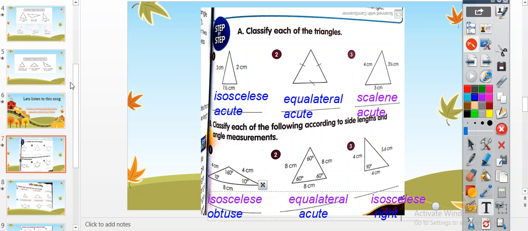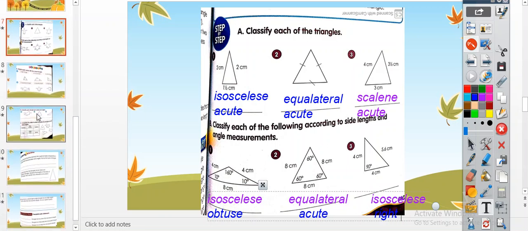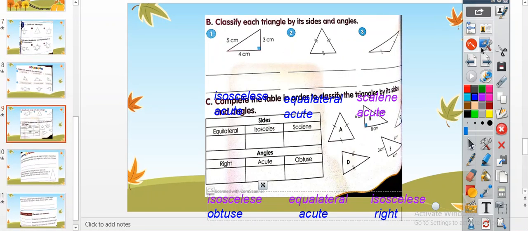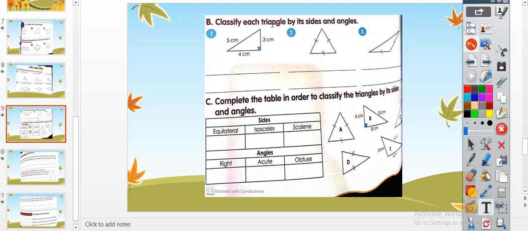Okay, so moving to the next page. Here, this question states that you have to classify the triangles by sides and angles. And remember here, they didn't write the measurements for you, but they gave you a sign that this equals this equals this. So all of them are equal, so they are equilateral.